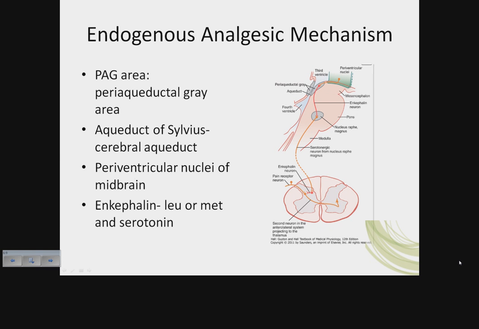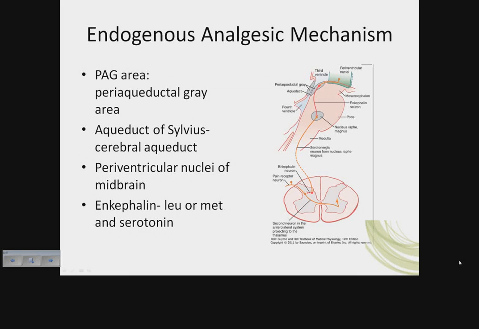And as a result, this is going to block the transmission of substance P from the first order neuron to the second order neuron. So again, the enkephalin is believed to cause both the presynaptic and postsynaptic inhibition of incoming type C and type A delta pain fibers where they synapse in the dorsal gray horns.